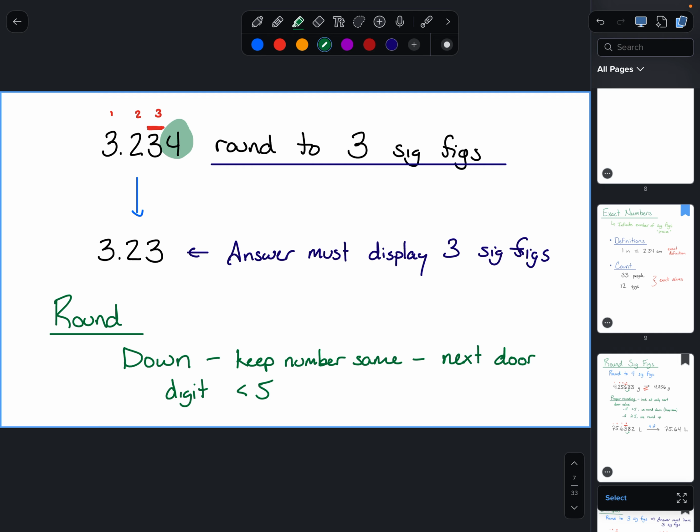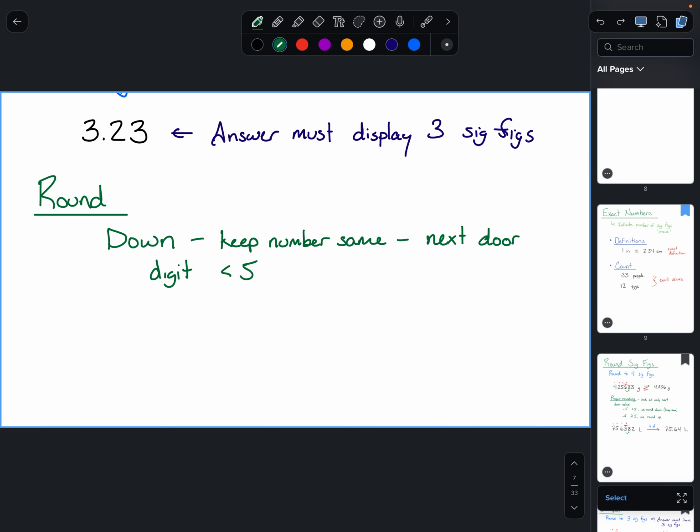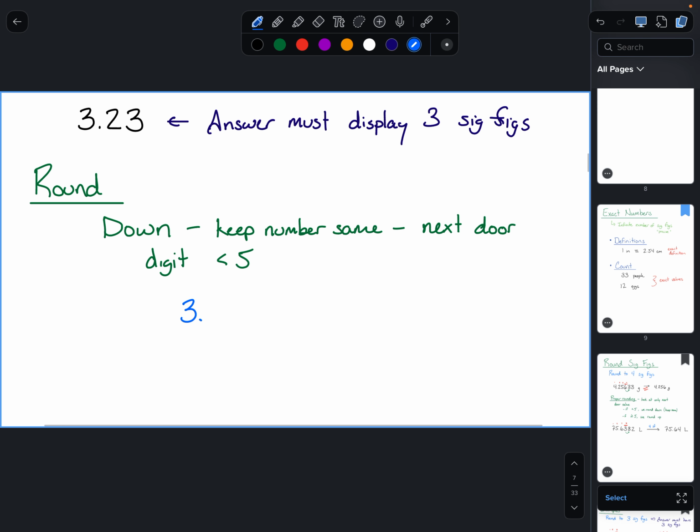In this case, it's less than 5, so I round down, meaning I just keep that 3 as a 3. Let's do our example: 3.234, where we marked that 3rd sig fig, becomes 3.23. Again, we call it rounding down, even though we didn't change that number to 1 fewer. It's just a 3 still.